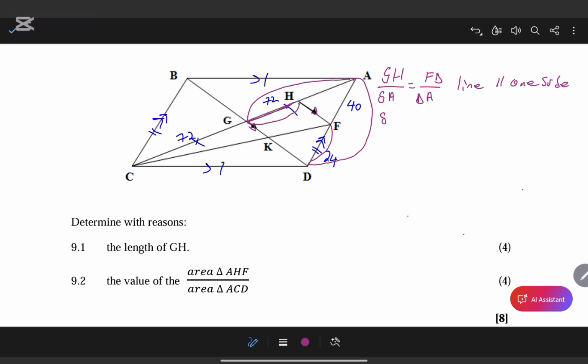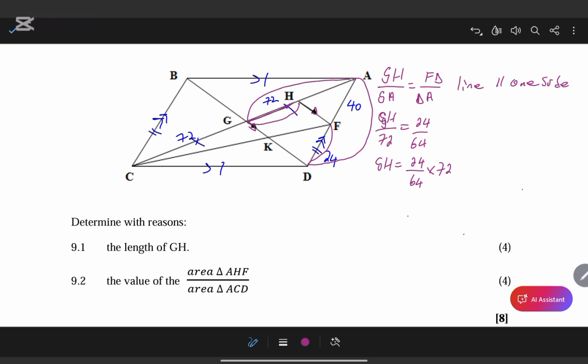So this is GH over 72 is equal to FD, which is 24, over 64. So GH is equal to 24 over 64 multiplied by 72.